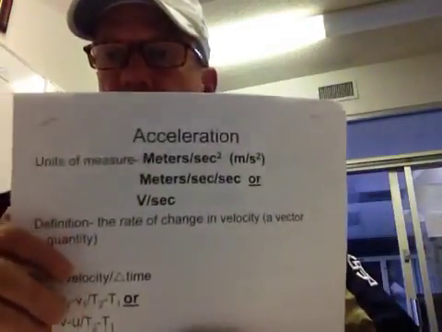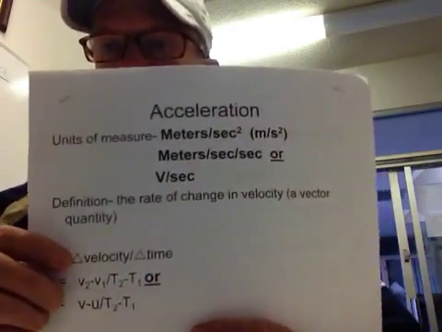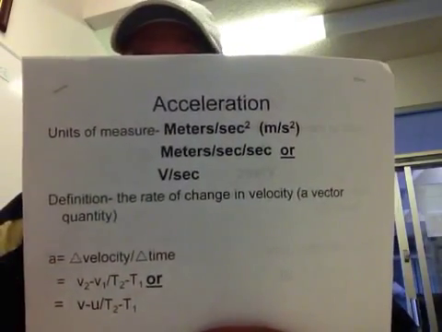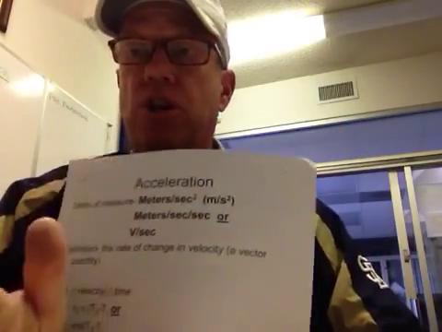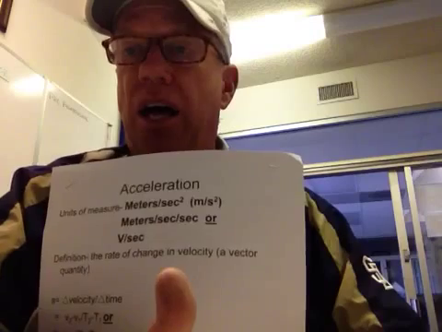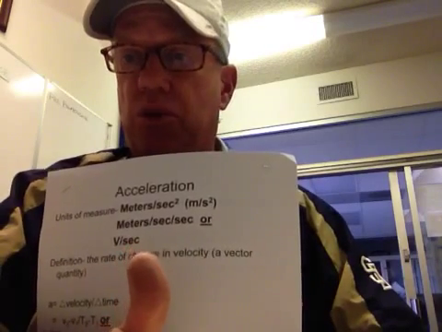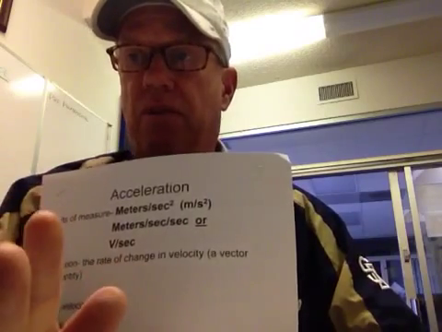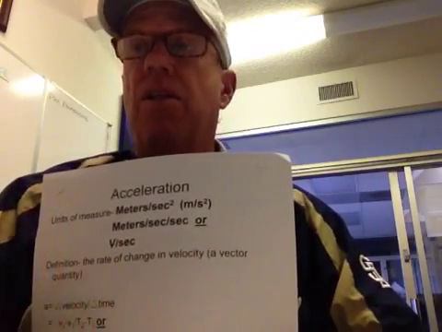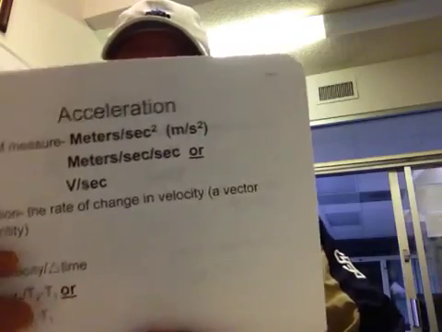And then acceleration is the change of velocity. It's the rate of change in velocity. So for every second that a person moves at a velocity, remember a velocity is displacement divided by time, for every second of that velocity, that represents the acceleration.